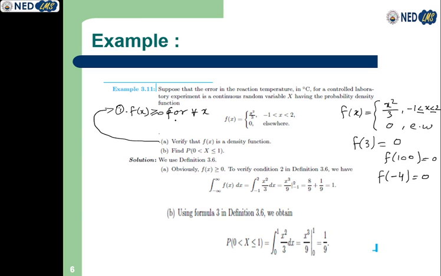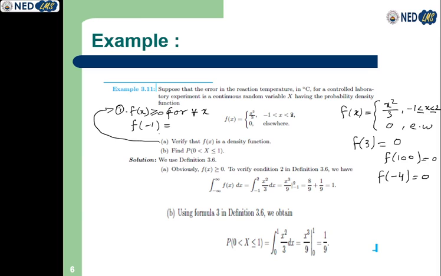So solve this one. For all values of x, how could you solve? You could not solve for all values of x. You have to solve by taking the lower limit and upper limit. So first of all, find the image at the lower limit, for example x equal to -1. See this one, f of -1 is equal to, so put x equal to -1.